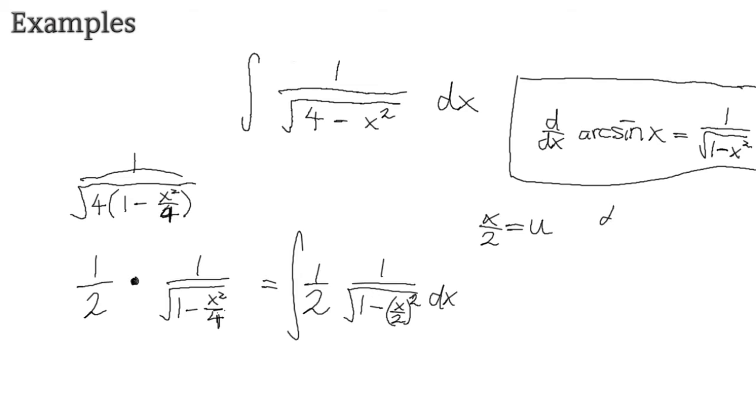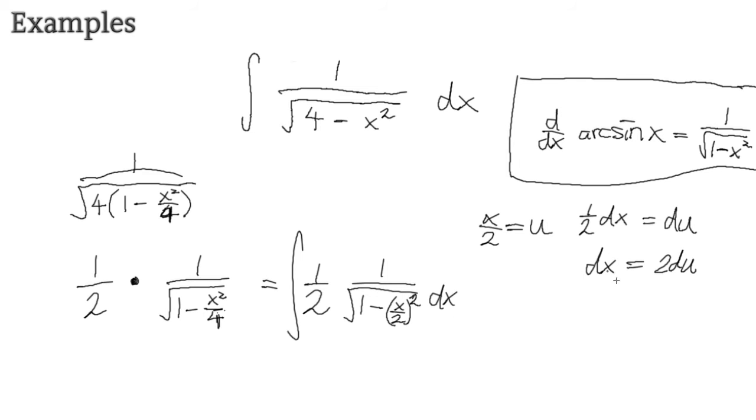So dx is equal to, actually half of dx is du, which gives me 2du equals dx. This is just simply differentiating this to get an expression of du and dx.